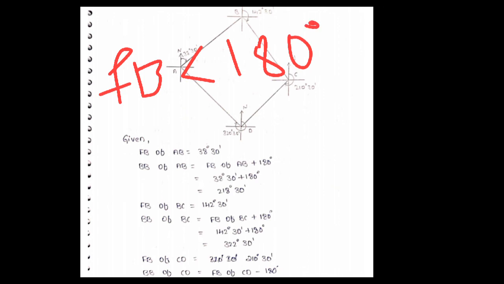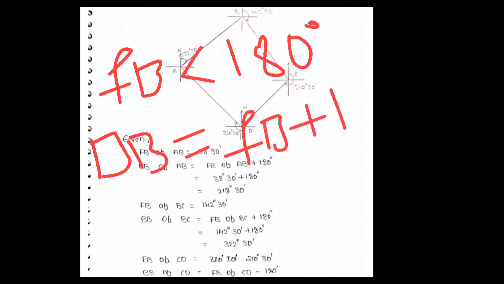If the fore bearing is less than 180 degrees, then the back bearing equals the fore bearing plus 180 degrees. Please note it down. This was the first one.